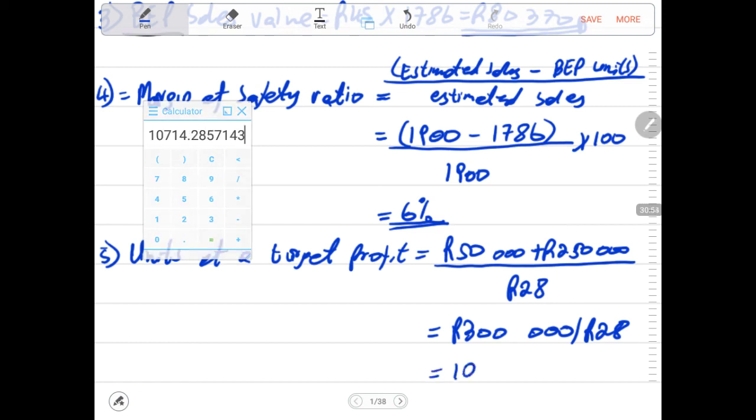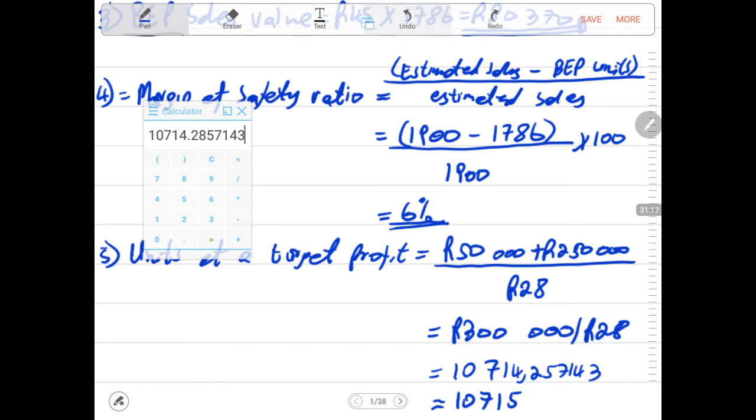We get 10,714.257143, which can be rounded off to 10,714 or 15. I prefer to say 15 because we don't produce half a unit.